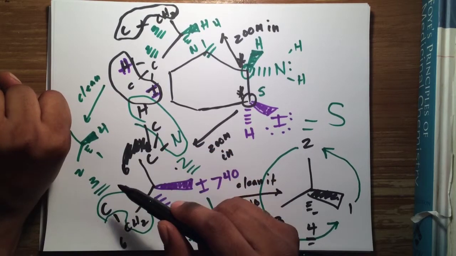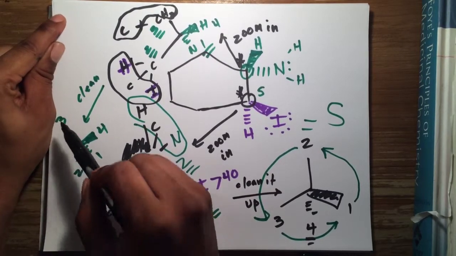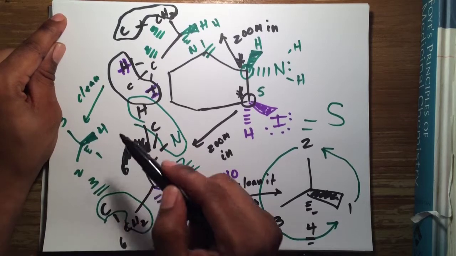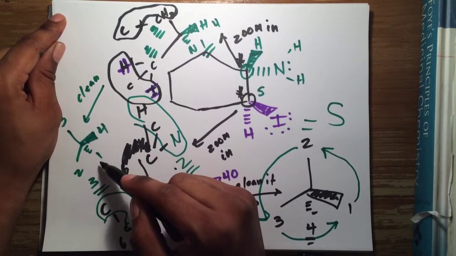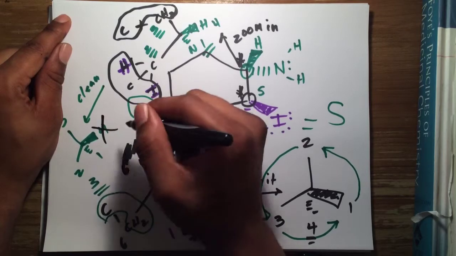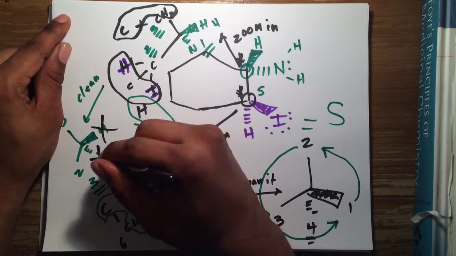So we're only focused on the 4, the 1, and the 2, because the 3 never changes, since it's on top of the tetrahedral structure during our mental rotation. The 4 has to be in the back for us to rank the configuration and get the correct RS configuration. So I cross the 4 out here, and whatever number is in the back, I cross that out too, and I put the 4 in the back.